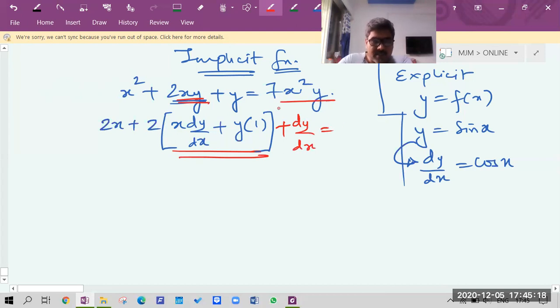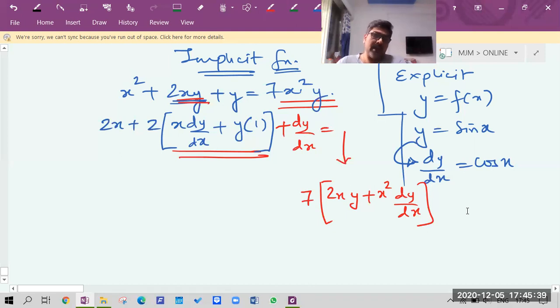And again, you have this 7x square y. So this 7x square y right here because I require some more space. So 7 into x square ka derivative is 2x and y remains as it is. And then x square remains as it is and y ka derivative is dy by dx. So whole of the derivative thing you've done now.